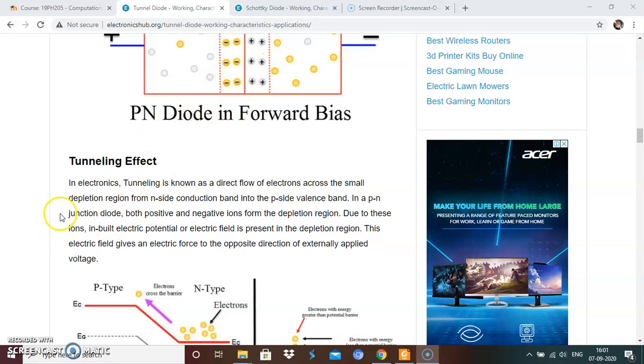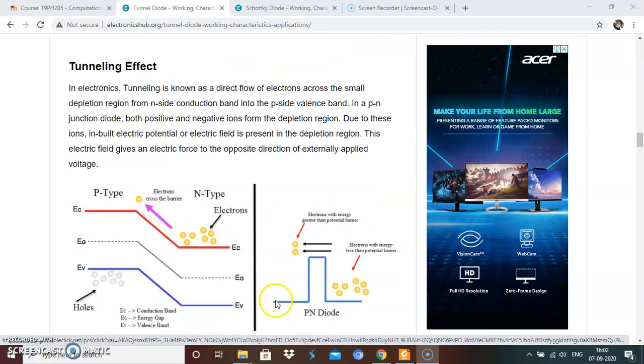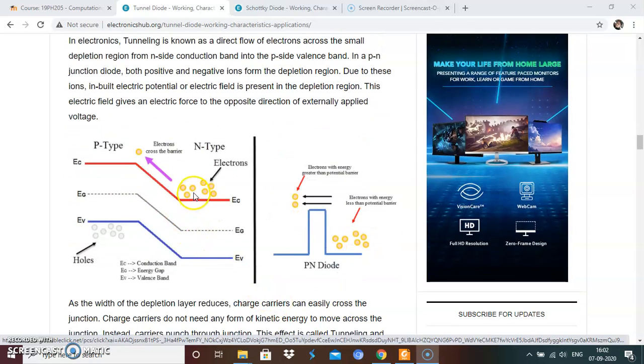This diode works based on the tunneling effect. What is the tunneling effect? It is the direct flow of electrons across the small depletion region from the n-side conduction band into the p-side valence band.